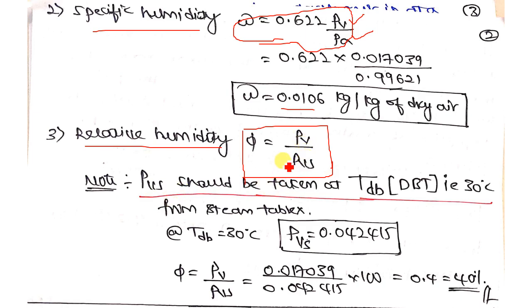The dry bulb temperature given was 30 degrees Celsius. So from the temperature based steam tables at 30 degrees Celsius, the value of PVS is this much. Substitute the values and it comes to around 0.4, which is 40%. So the relative humidity of this problem is 40%.